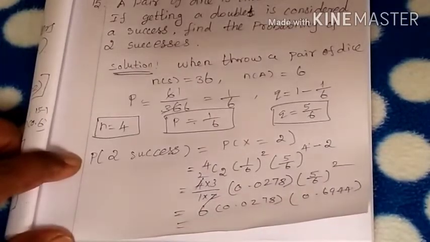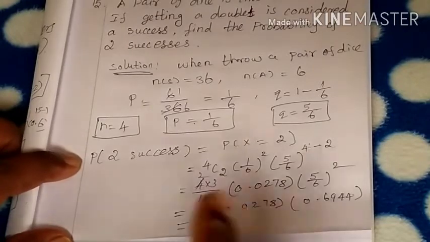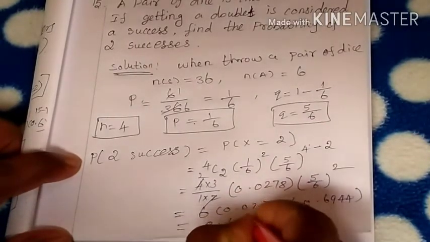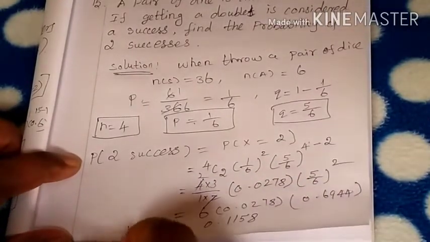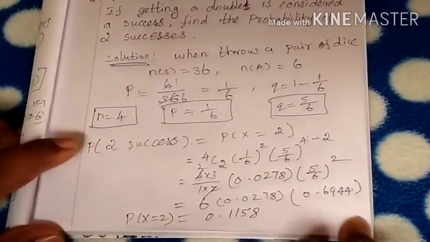Then the product of all the answers is 6 into 0.0278 into 0.6944. The product is 0.1158. This is P of x is equal to 2. Okay, that's your answer.